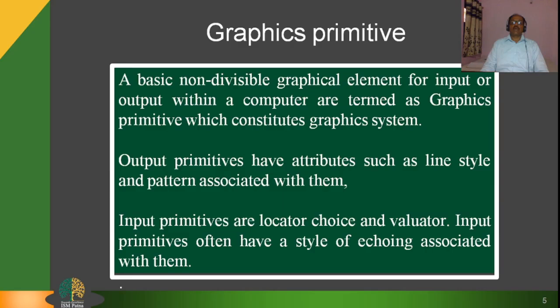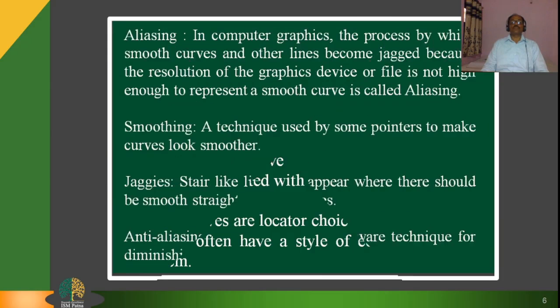Output primitives have attributes such as line style and patterns associated with them, whereas input primitives are locator, choice and valuators. Input primitives often have a style of echoing associated with them.